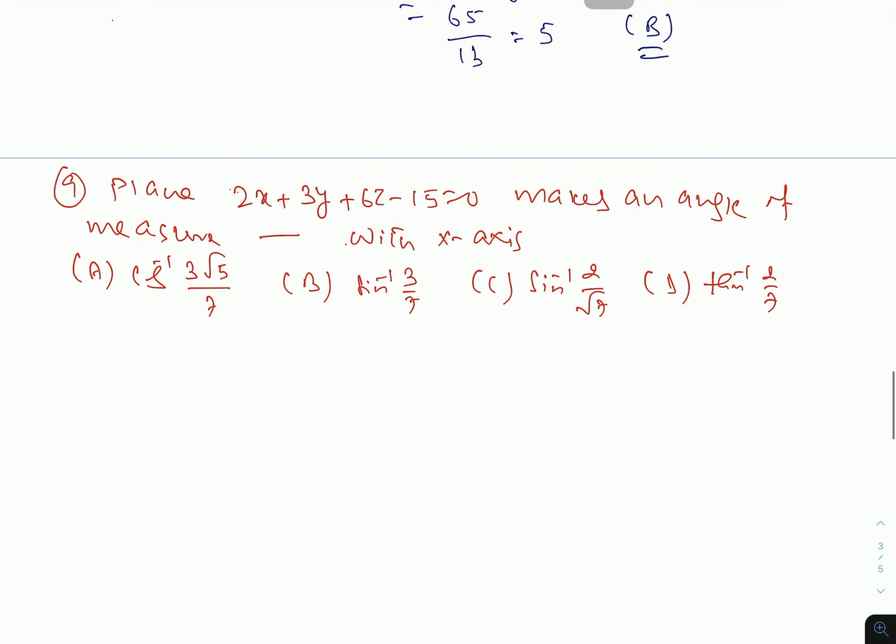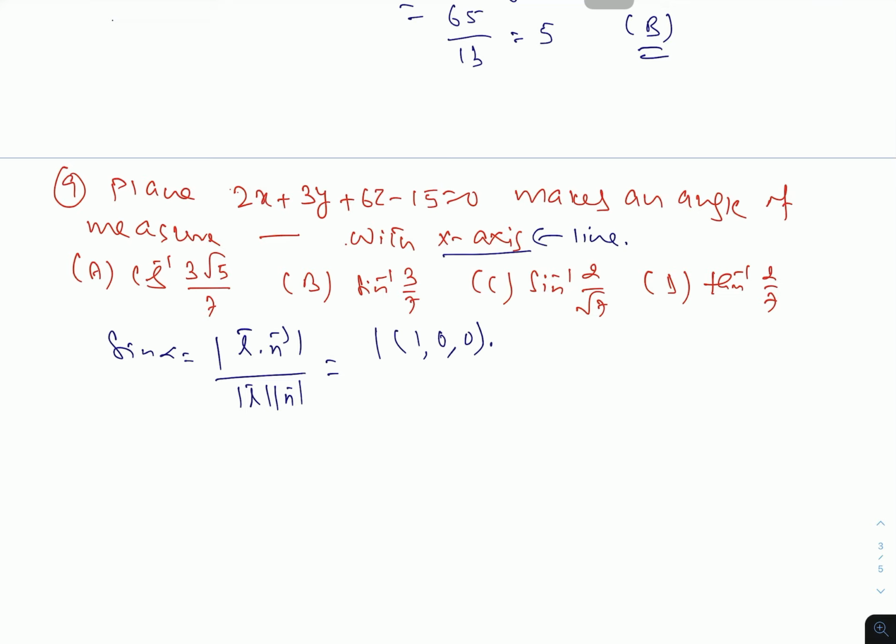Now, what is the angle between plane and line? This is a line. So that is nothing but sine alpha, and sine alpha is L dot n over magnitude L magnitude n. So that we need to have. What is L here? X-axis. So its direction is 1, 0, 0. N is 2, 3 and 6.